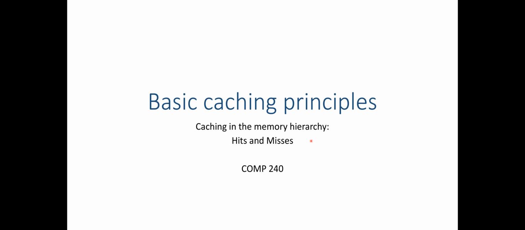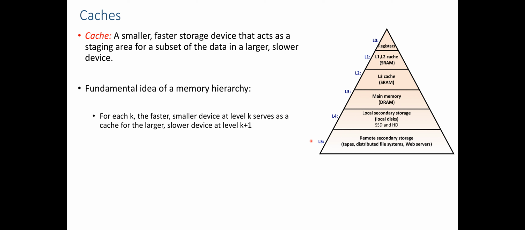All right, so we've been looking at this notion of the memory hierarchy. A cache is basically a smaller and faster storage device that acts as a staging area for some of the data in the larger, slower device further on down in the hierarchy.